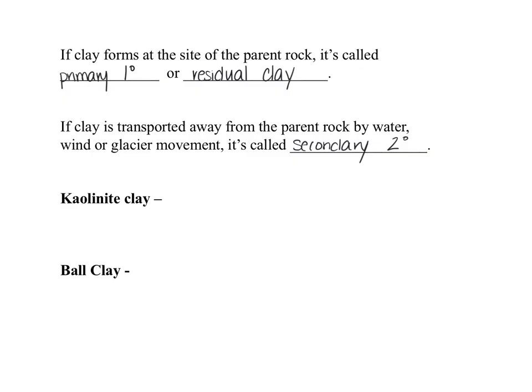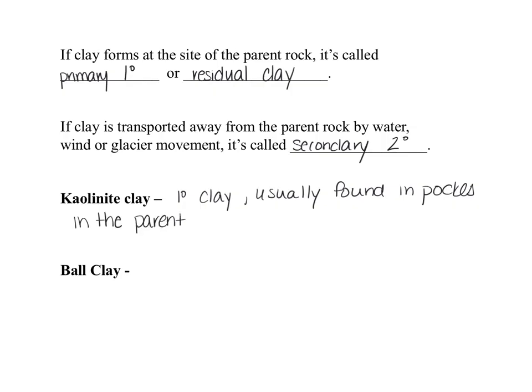Two examples of primary and secondary clay: kaolinite clay is an example of a primary clay. It's usually found in pockets in the parent rock and is very pure.